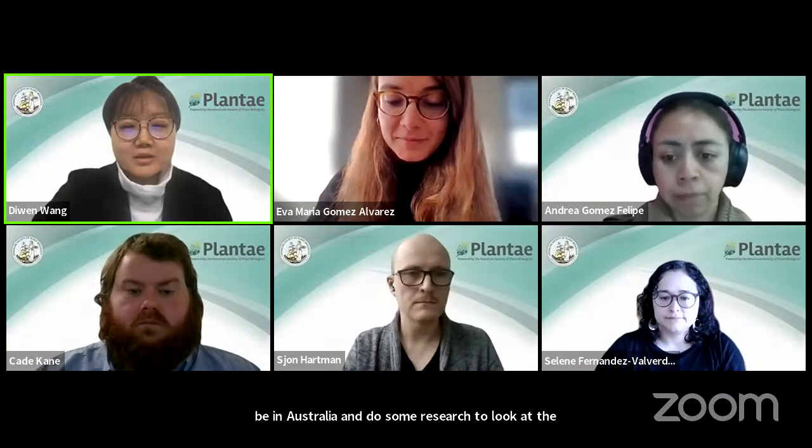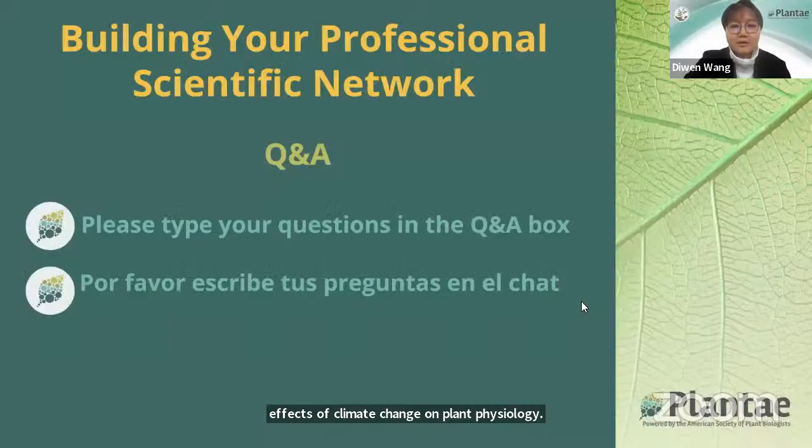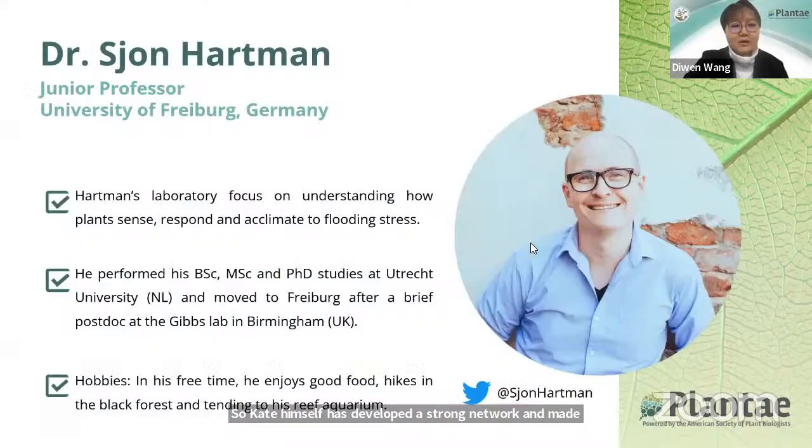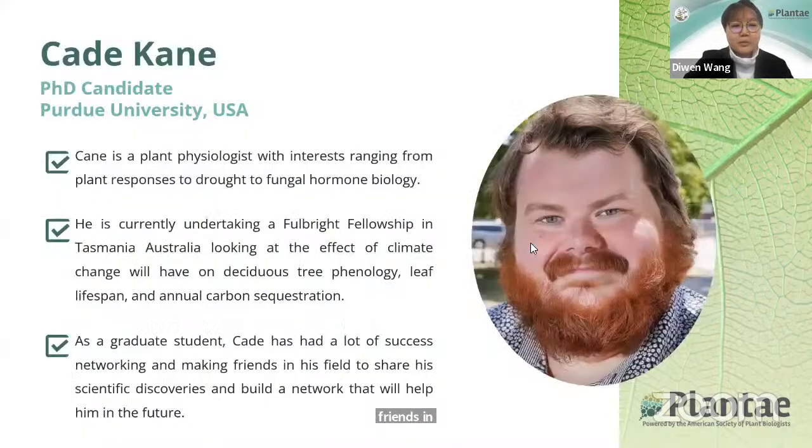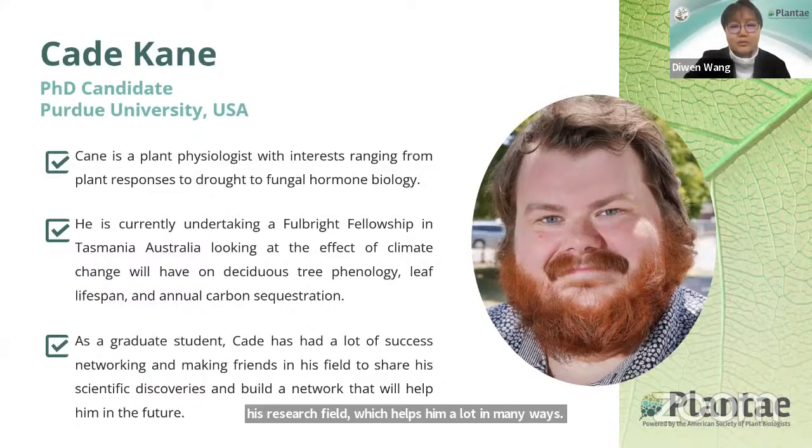Cade himself has developed a strong network and made friends in his research field, which helps him a lot in many ways. So today he will share his stories about how to build a professional network from the graduate student side. Now let's welcome Cade.